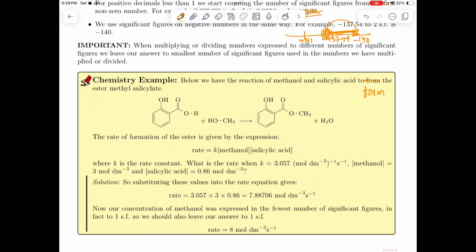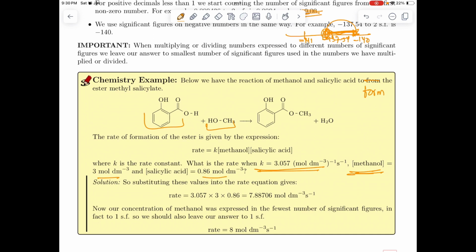The second reactant is methanol, CH3OH, and that gives you the ester. Of course, water is getting eliminated from the system. So the rate of formation of the ester is given by rate equals the rate constant times the concentration of methanol times the concentration of salicylic acid. Usually the rate constant is already given in the question because it is found by experiment.